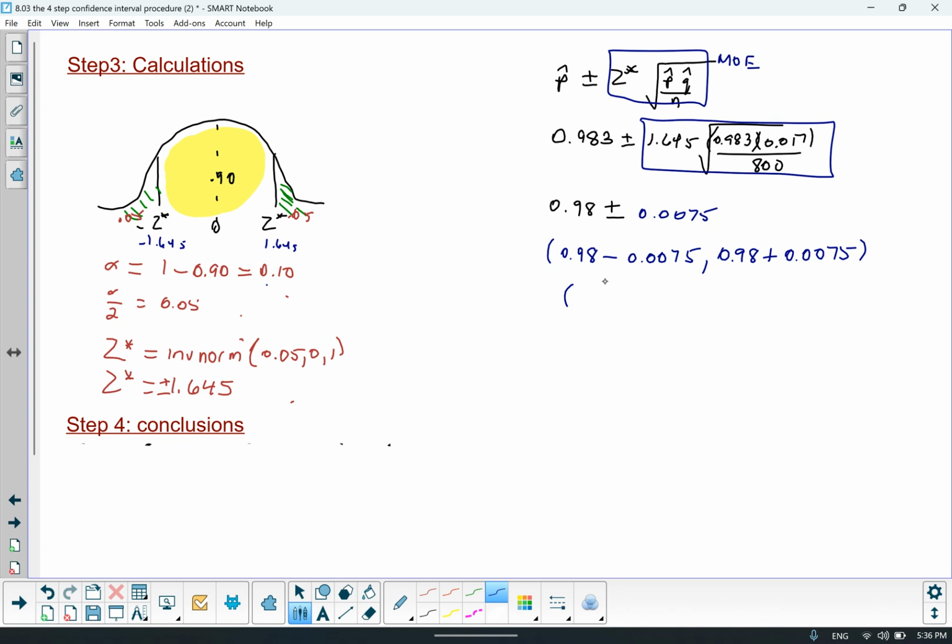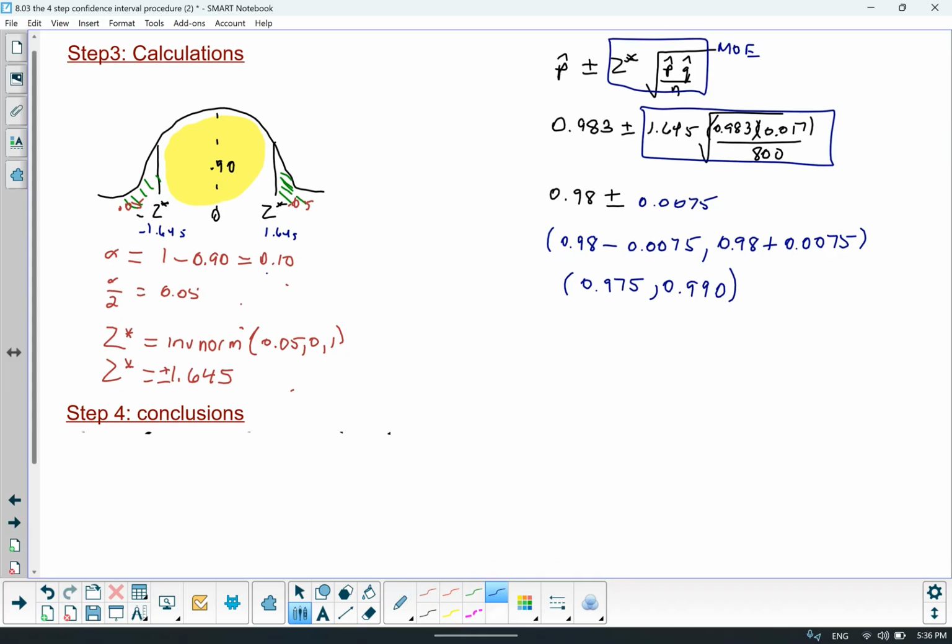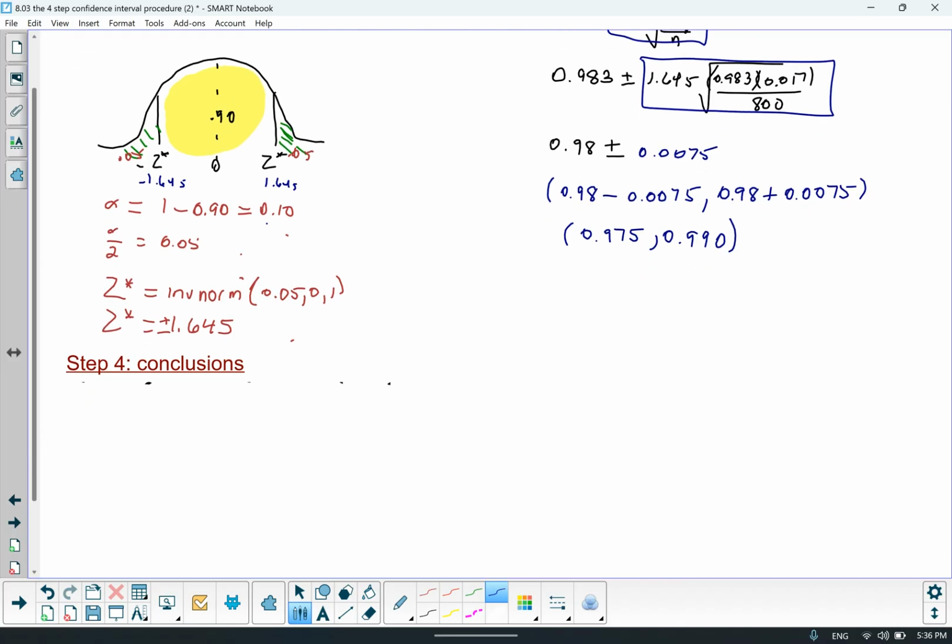And when I subtract that out, I get 0.975, or at least that's what I got before. And when I rounded, I got 0.990. And after I do this problem, I'm going to show you the calculator step and what's required for you to write, because there is a shortcut.